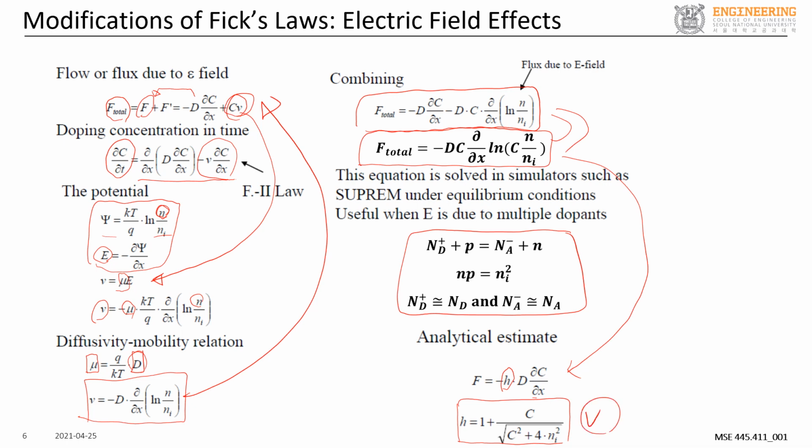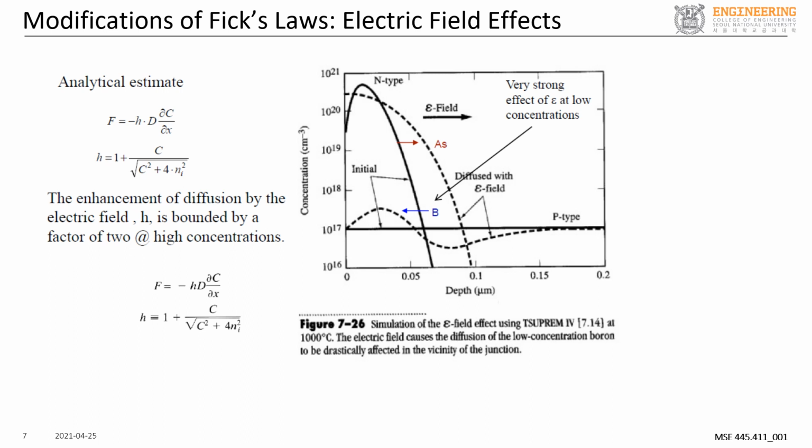So if you closely examine this H term, what you realize is that this H is always smaller than or equal to 2. For example, if C is infinite or much larger than Ni, this term will become 1. So its maximum value will be 2.